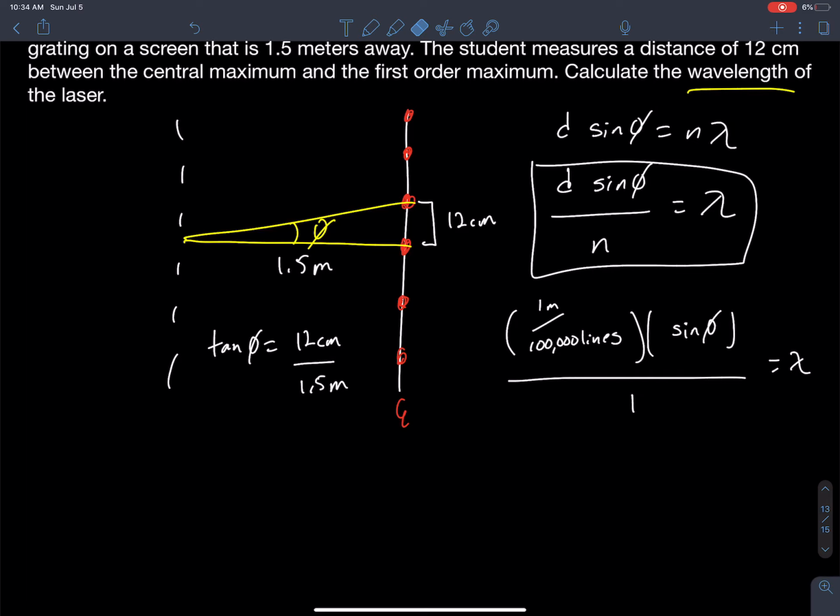I'm just going to change that into meters, and so then theta is equal to tan minus 1, which is going to be, let's quickly calculate that, about 4.57 degrees.